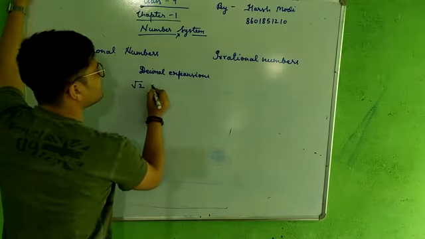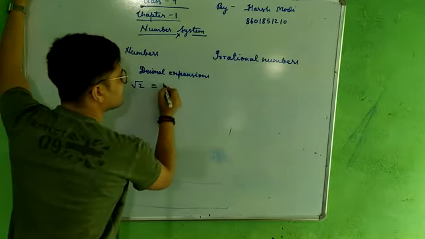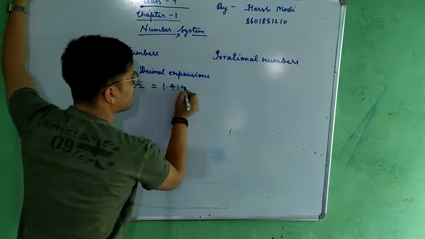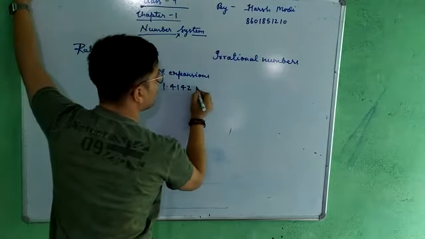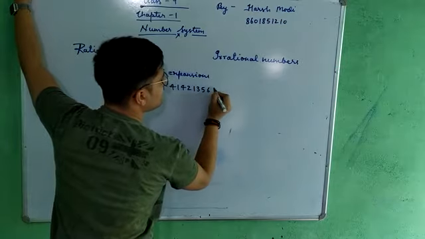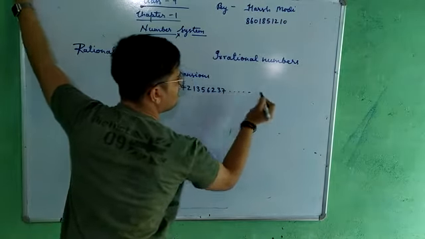If we do the decimal expansion of under root 2, we get 1.41421356 and so on.